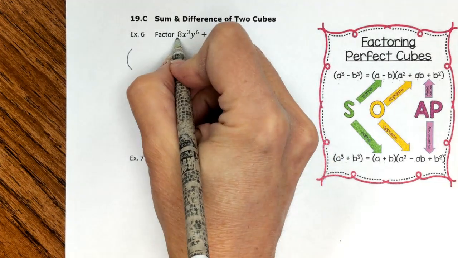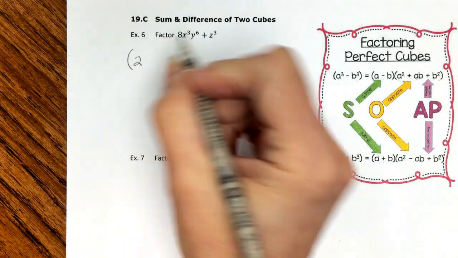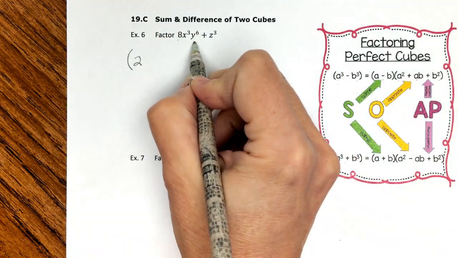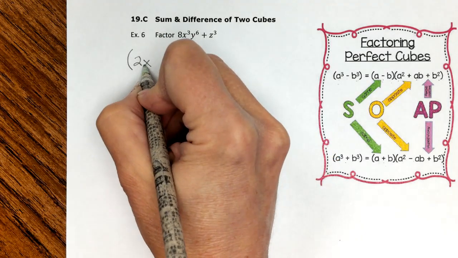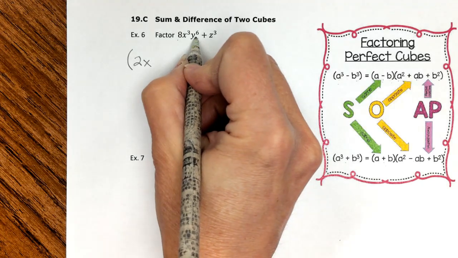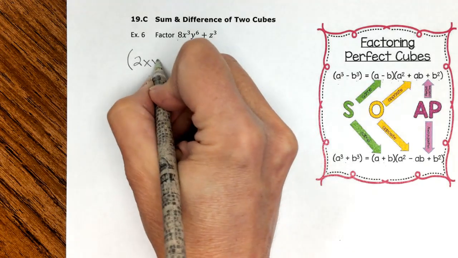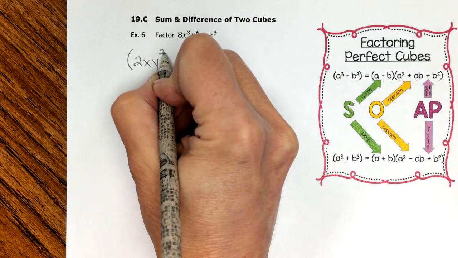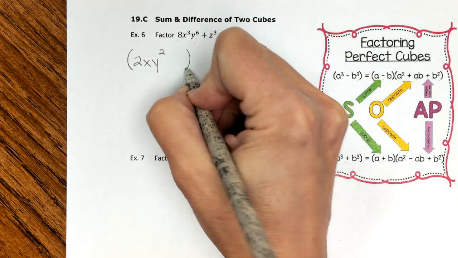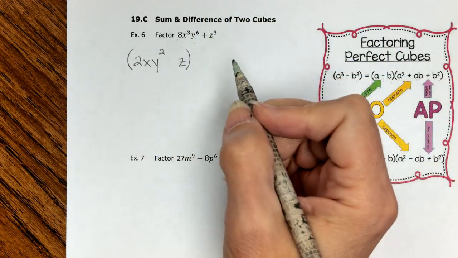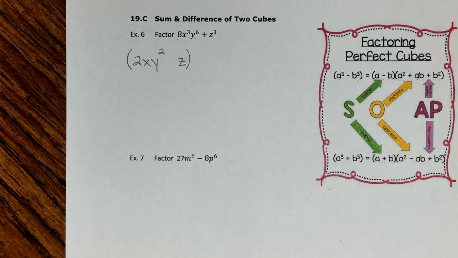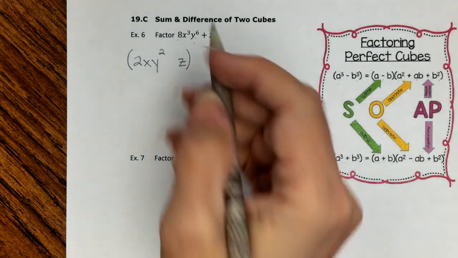The cube root of 8 is 2. And then when you're doing cube roots of variables, you just divide the exponents by 3. So x, you don't have to write the 1. When you divide 6 by 3, you get 2, so y squared. Okay, and the cube root of that's just z. And so remember, the thing is SOAP, same. The first one's the same, so it's a plus.